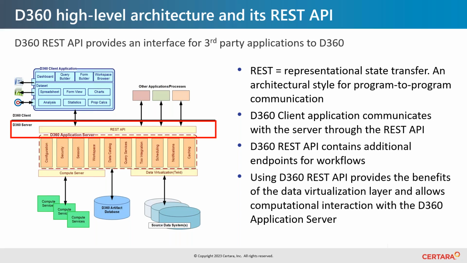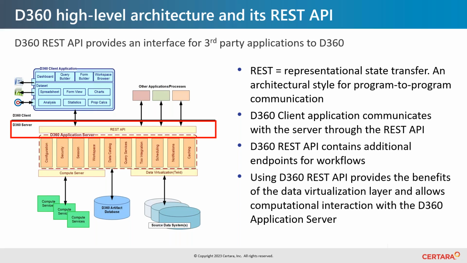So what we have developed is moving the D360 client application to communicate solely with the server through the REST API. That means that when you have access to the REST API, you can do pretty much everything that you can do with the client application, but through a programmable interface.